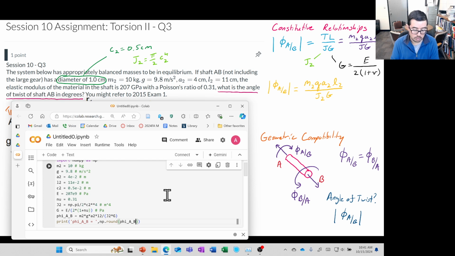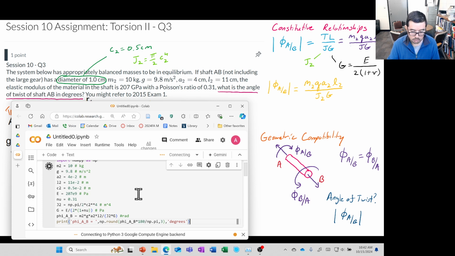This will give it to us in radians if we don't do anything. If I want to convert to degrees, I need to multiply by 180 over pi, and then I'll say this will be in units of degrees. I didn't say how much to round, so let's round to 3 decimal places and see what we get.